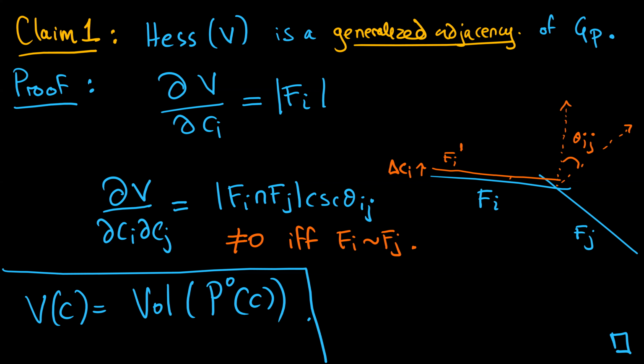If the two facets don't intersect, then changing c_j is not going to affect the area of F_i. So this value is only non-zero if the two facets intersect. And furthermore, we can exactly compute the magnitude of the effect, and it's just the cosecant of the angle between the vectors which are normal to the two facets.